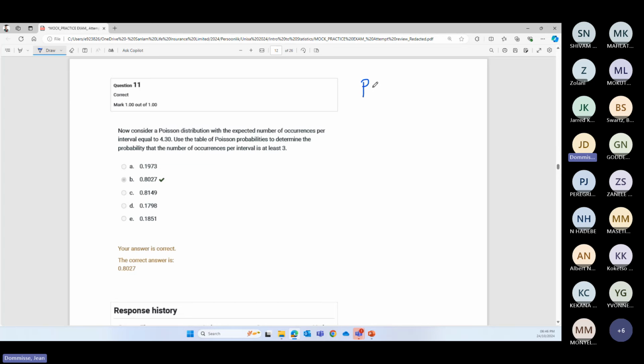So the Poisson one is lambda to the power of x, e to the power of minus lambda, divided by x factorial. So just be nearly on the lookout that it might be that in the exam they rather ask the Poisson with a formula.